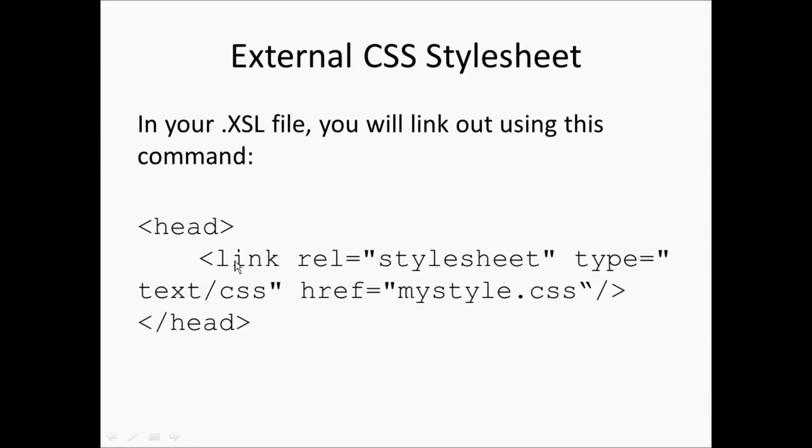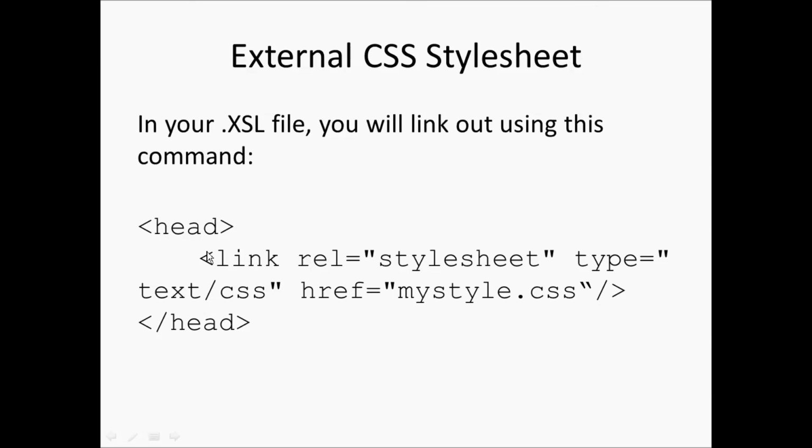Here's the recipe you're going to follow for this. In your .xsl file, you're going to link out to your CSS file this way. So you'd have head, which you have in your XSL file, and then link, and here's where you're going to link, and then this is the recipe you follow.